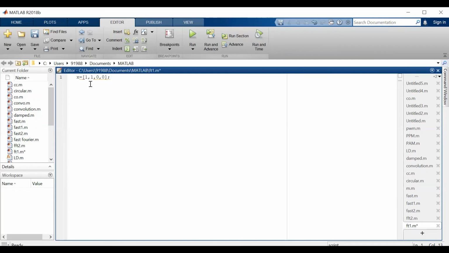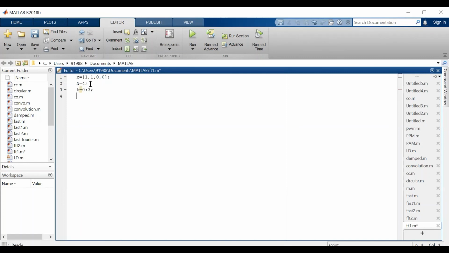Next, we have to give the values of capital N and k. N is 4 and k is 0 to N minus 1, that is 0 to 3.